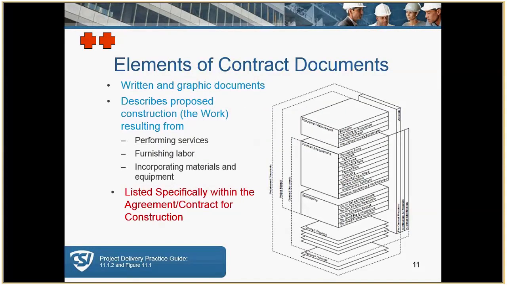Contract documents are specifically listed in the contract. They should be listed in the agreement. The contract documents include both written and graphic elements and are specifically listed in the contract, or they are issued as modifications to the contract after award of the contract, the award being the signing of the agreement.